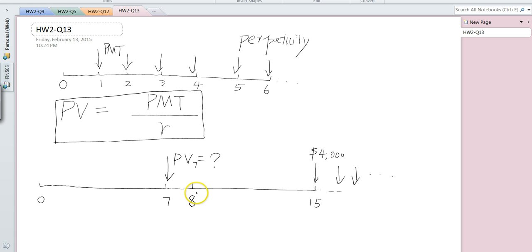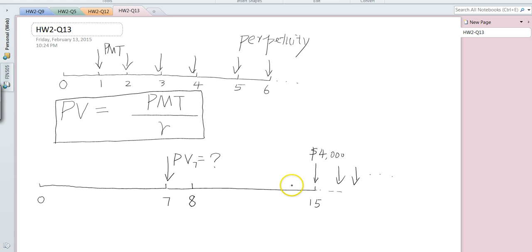But unfortunately, that's not the case here because the setup says that the first payment starts from year 15 rather than year 8. So that means we cannot directly apply that formula, at least not for present value in terms of year 7.